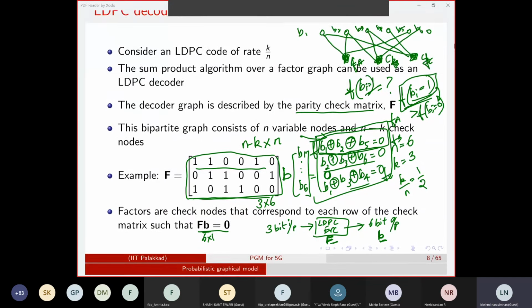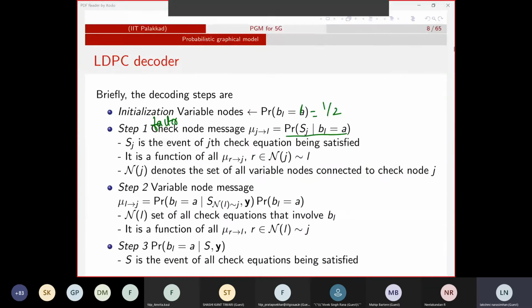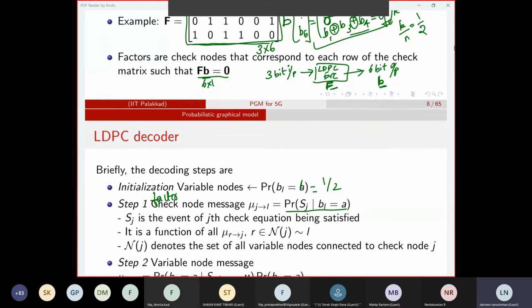And also we said finally the f that we want to compute, the objective function, is the likelihood. So what we are trying to find out here is the likelihood of this value being equal to 0. That is, the likelihood of b1 XOR b2 XOR b5 being equal to 0. That is, what is the likelihood of that particular check condition being satisfied?